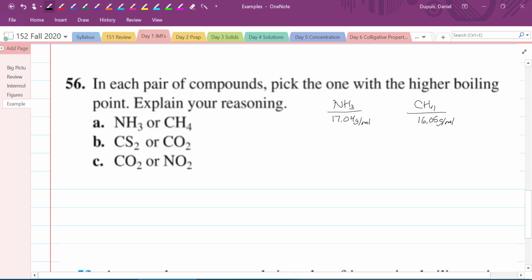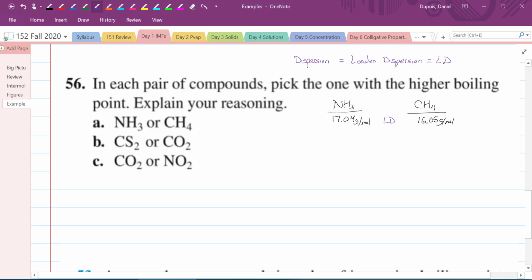They both have the dispersion forces, or London dispersion, I'm going to call it. London dispersion.